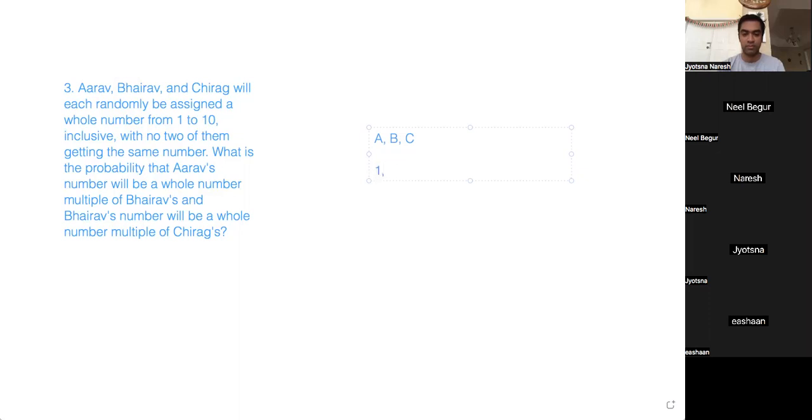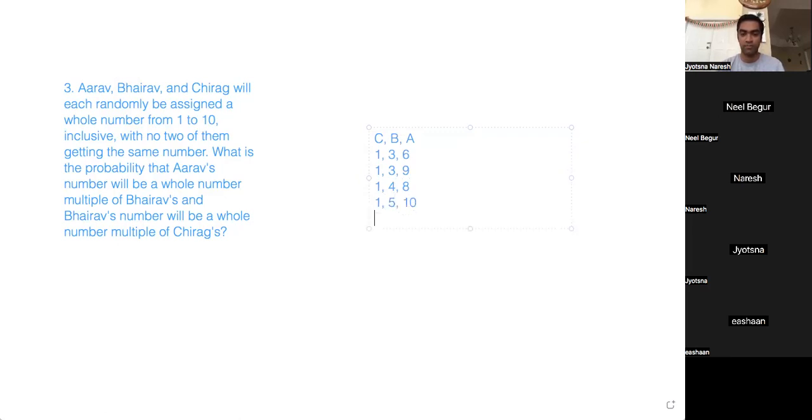When B is equal to 4, then A is equal to 8. And then when B is equal to 5, A is equal to 10.